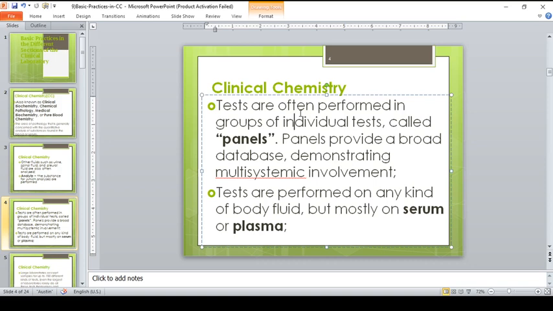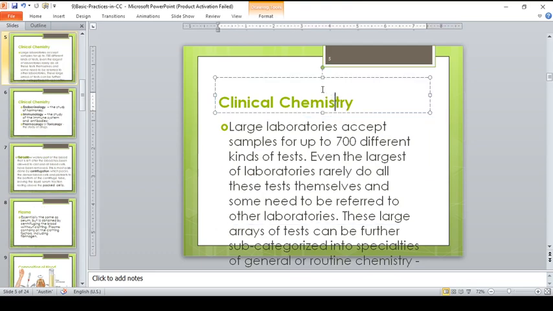The panels provide a broad database demonstrating multi-system involvement. Tests are performed with any kind of body fluid, but mostly on serum or plasma. Mostly in the clinical laboratory, we use the serum. So we have panels, that is, groups of individual tests.